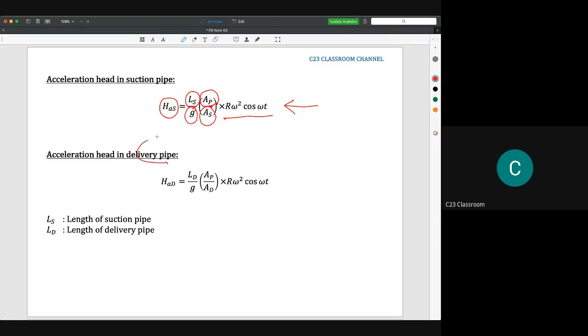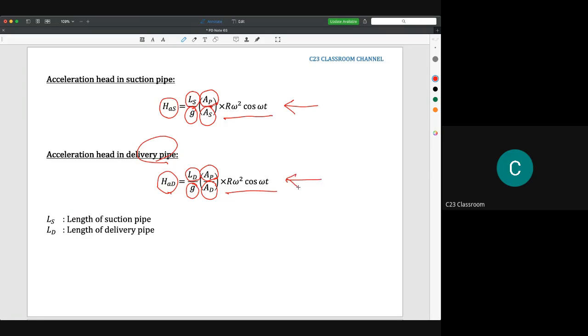And for the delivery pipe, we have HAD. So we have LD, the length of the delivery pipe, divided by gravity, and the cross-sectional area of the piston divided by the cross-sectional area of the delivery pipe, and we multiply by the acceleration.